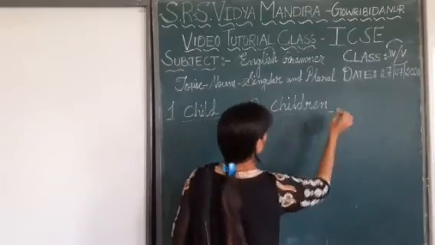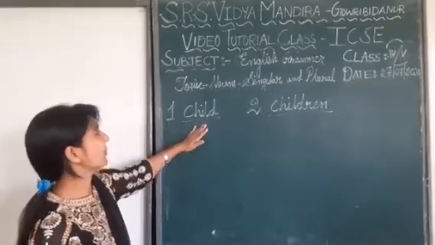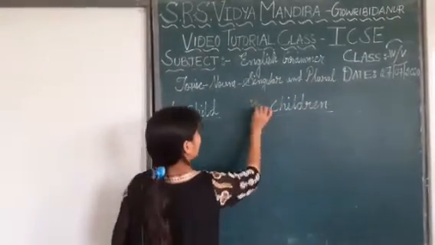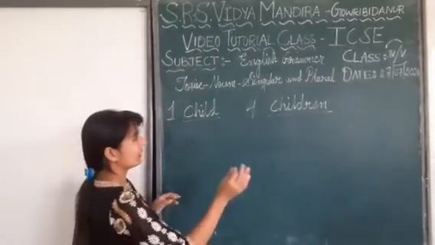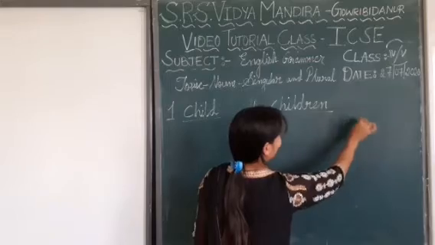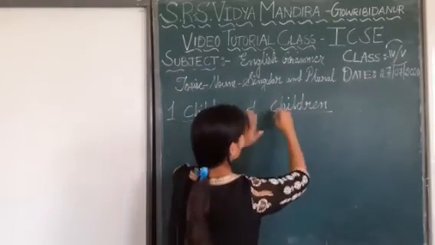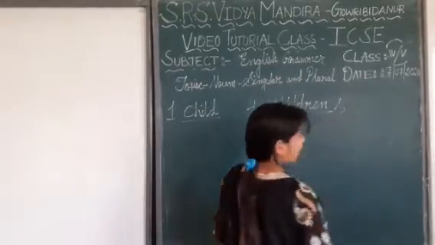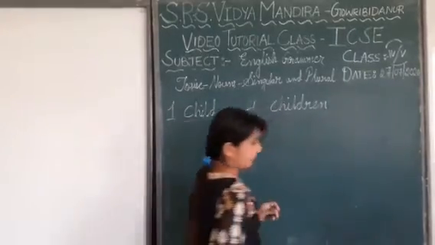So this is two children. One is one child and two children. So child is only one, and children is more than one. It can be 3 or 4, any number, but more than one. And there is no S or ES or anything when you change child to children. Sometimes people write S or something, and that is wrong.